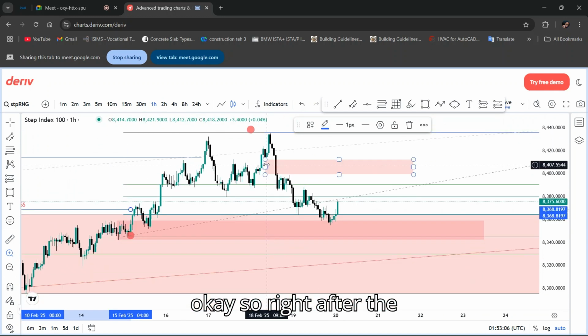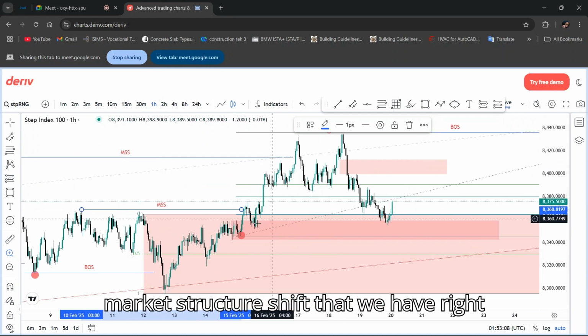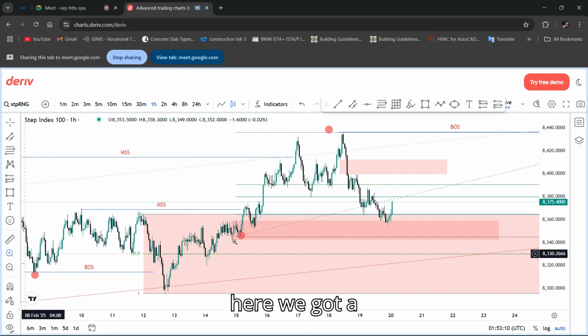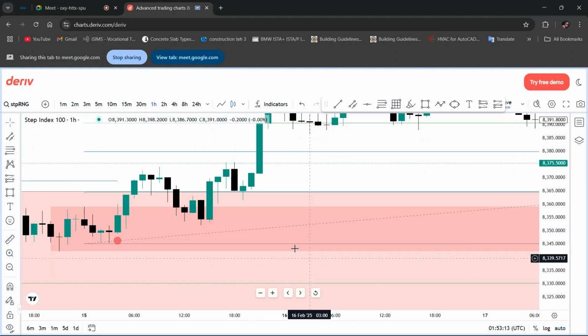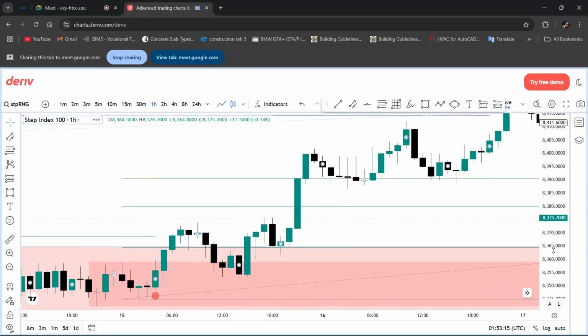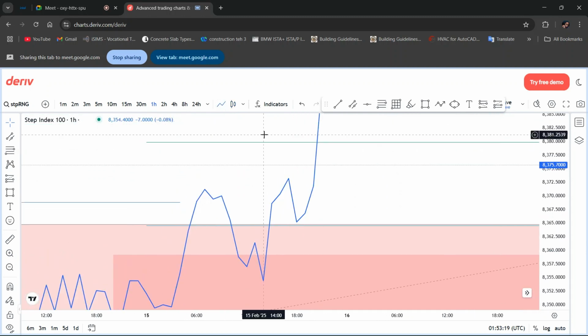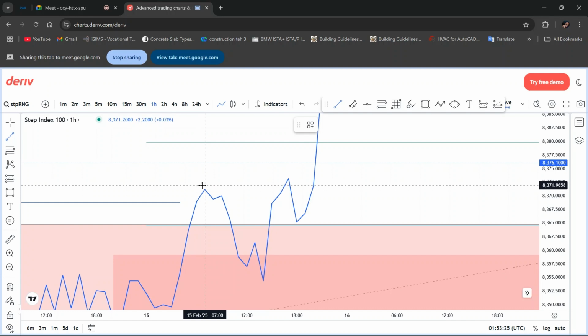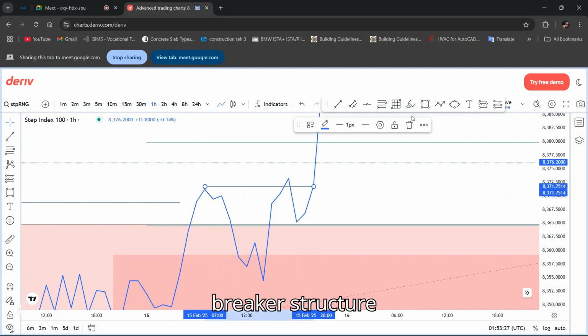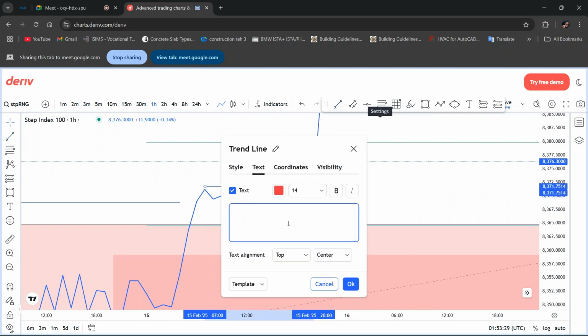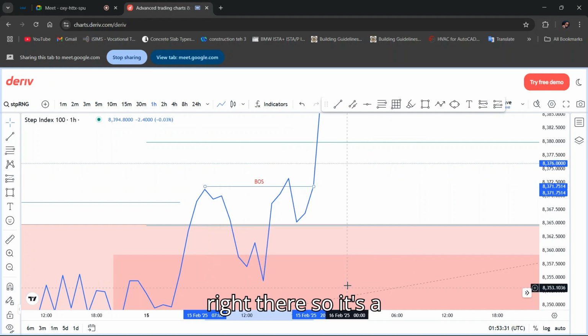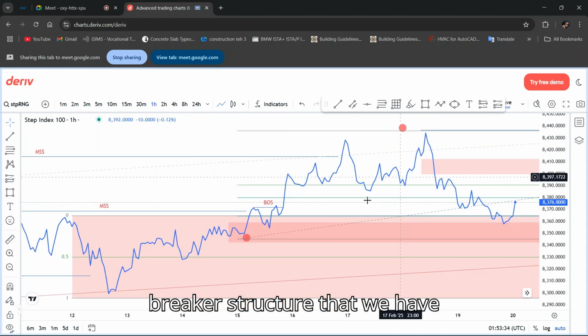Right after the market structure shift that we have right here, we had a breaker structure right there. So it's a breaker structure that we have.